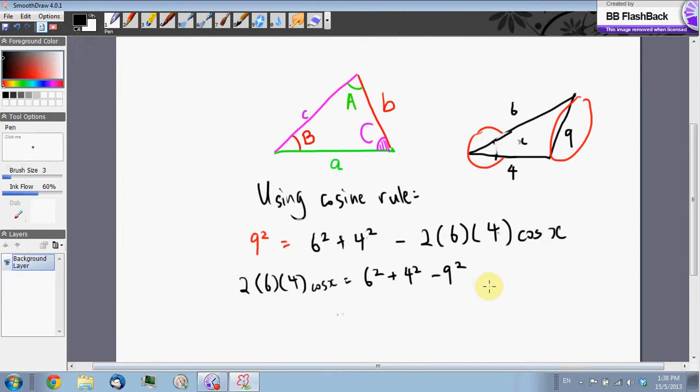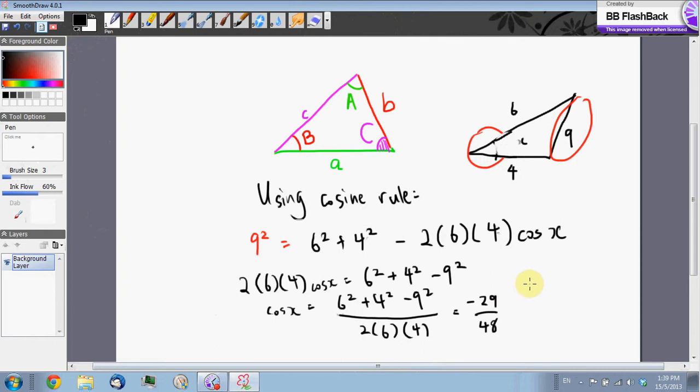And so we can find that cosine x is equal to 6 squared plus 4 squared minus 9 squared, divided by 2 times 6 times 4, which, type it into your calculator, you get a negative number, negative 29 over 48.